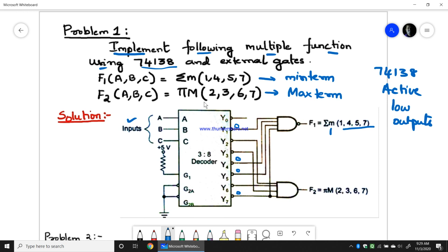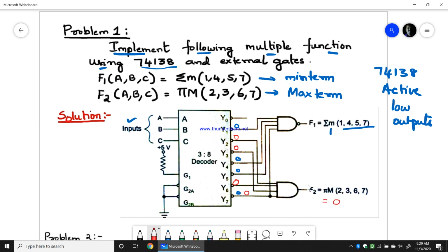Now coming to max term, in max term again it gives zeros for 2, 3, 6, 7. So for 2 it gives 0, for 3 it gives 0, for 6 it gives 0, for 7 it gives 0. Now for max term the output should be 0.